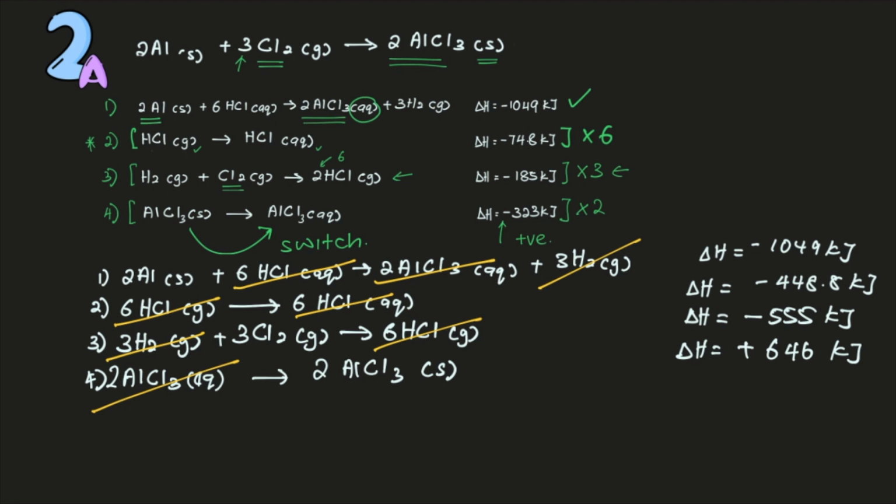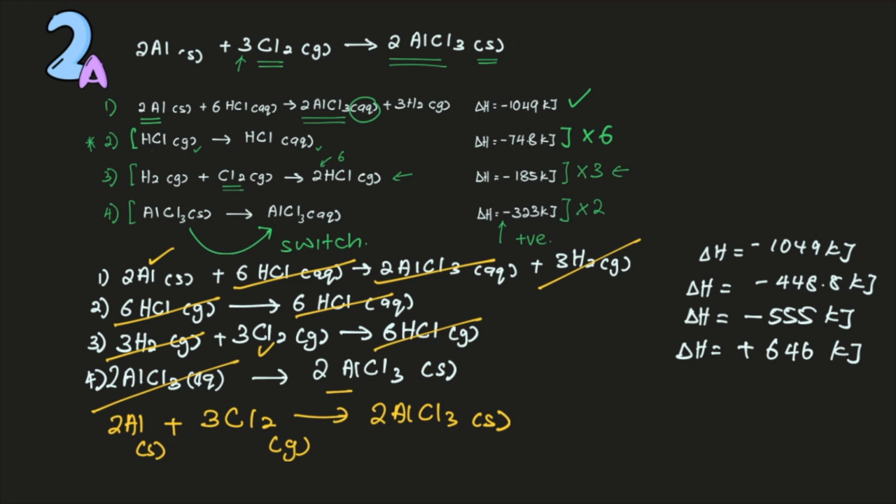So now we are left with 2Al plus 3Cl2, which shall produce 2AlCl3. This Al is solid, this one is gas, and 2AlCl3 is solid, right?